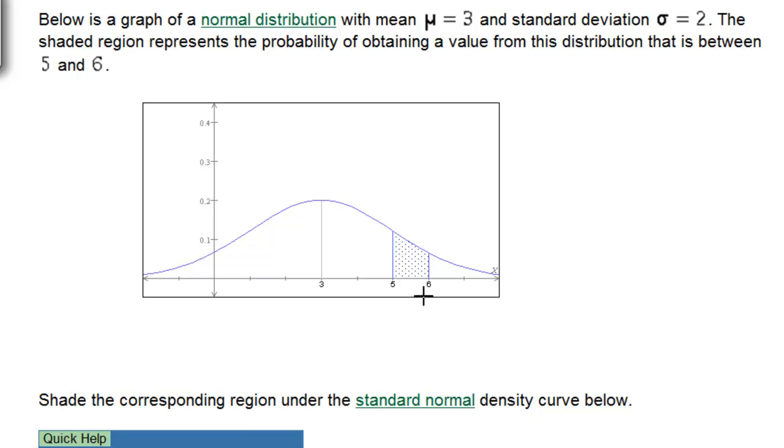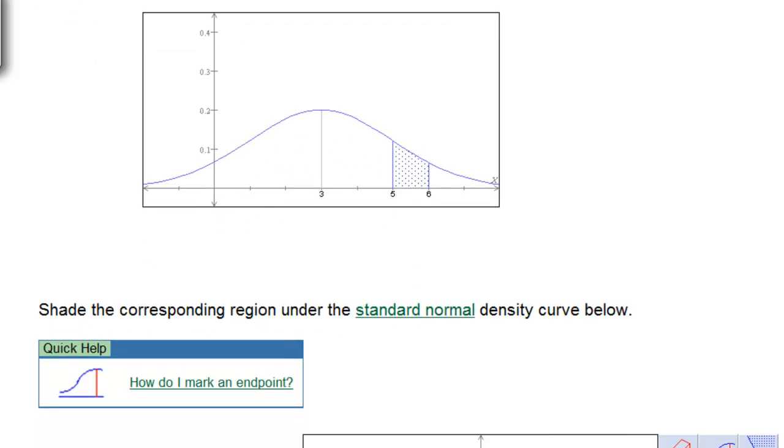You can confirm that by imagining that since sigma is 2, one standard deviation away from 3, the mean, is 5, and 1.5 is 6. Or you can use the formula to confirm that. But it's 1 and 1.5.